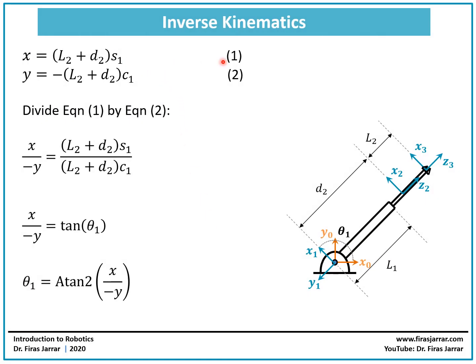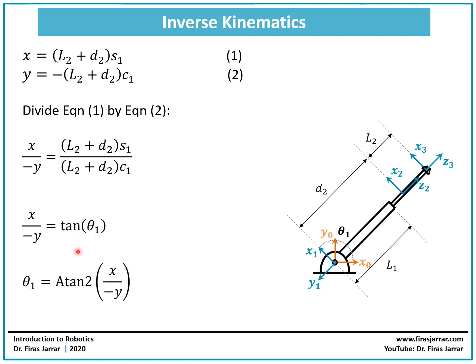Now we're going to call this equation 1, this equation 2. So if we divide equation 1 by equation 2, we'll have x over y equals (L2 + d2) sin θ1 over −(L2 + d2) cos θ1. This will cancel out with this. We'll still have the negative sign. Sine over cosine is going to be tan θ1.